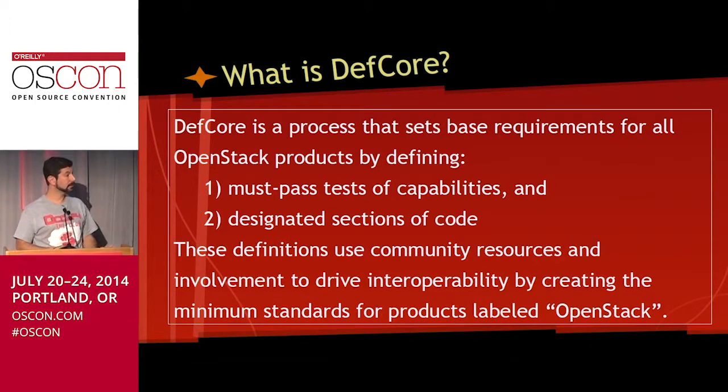By defining these minimum standards for using the OpenStack brand, then when people use OpenStack, they have some confidence that they can move their code, they can move their automation, they can change their experience and have a base minimum experience. Okay? That doesn't mean that the universe of OpenStack is going to be lessened. This actually should allow us to continue to innovate against a known required minimum.